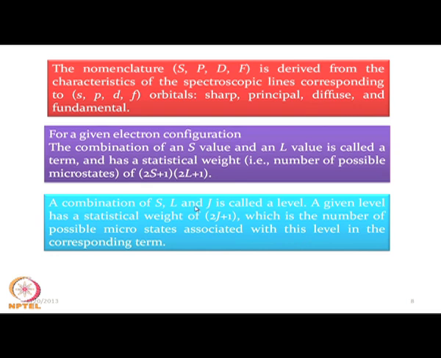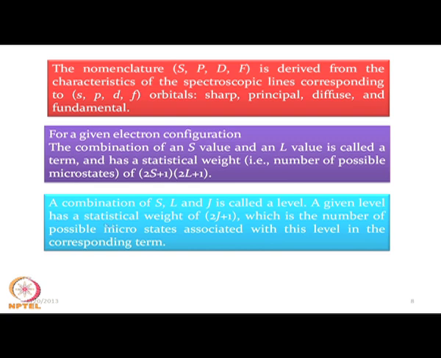So, a combination of S, L and J is called a level. What type of combination are we looking for? When we have a value for S and a value for L, we call it a term, but when we label it with the corresponding J value, because J can have different values depending upon one single value of L and S, we get the level.